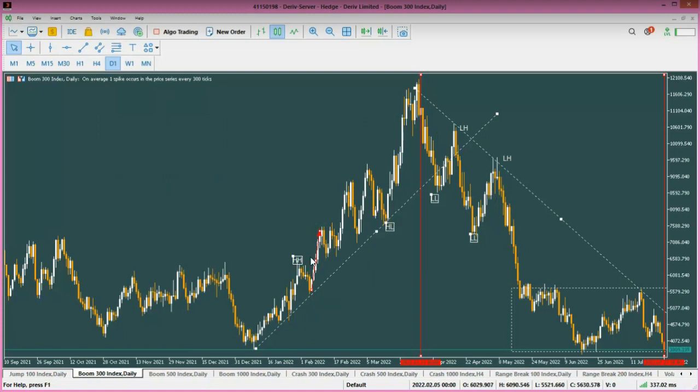So we have, given the fact that trending markets are characterized by two important moves. Those moves are the impulsive move and the retracement move.